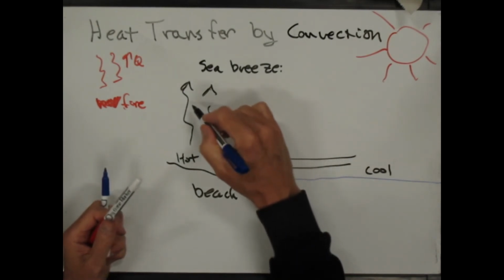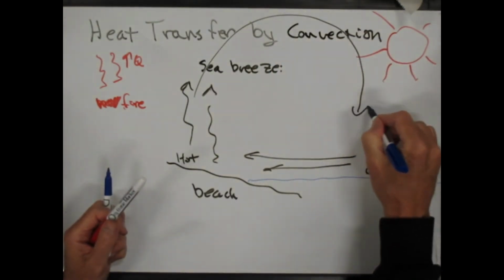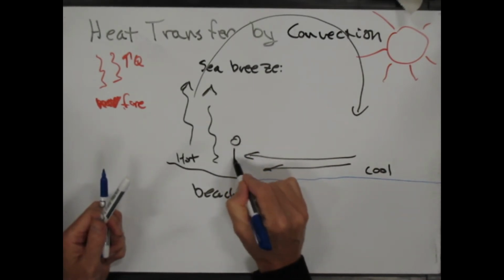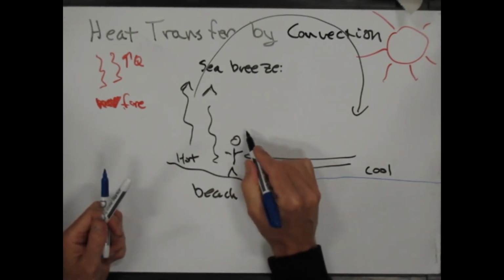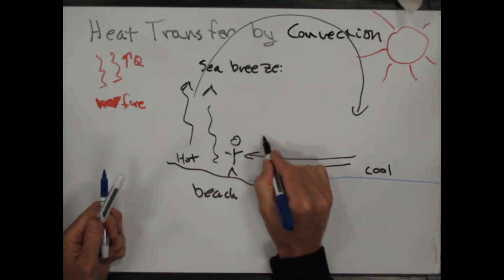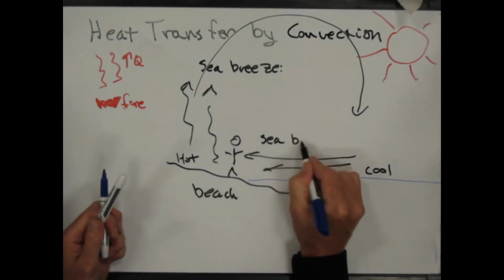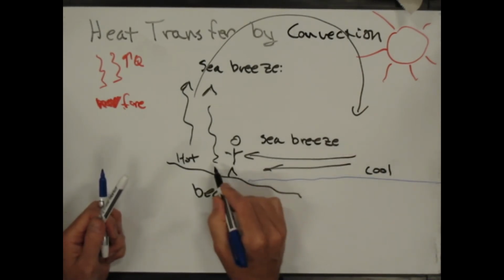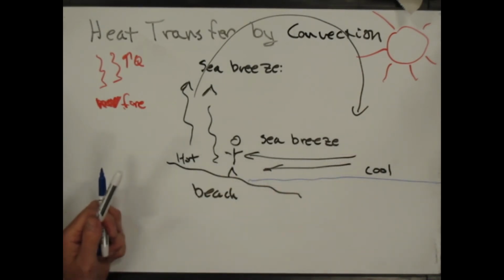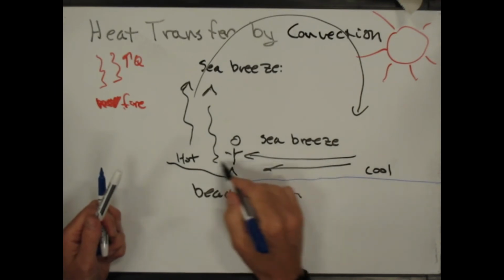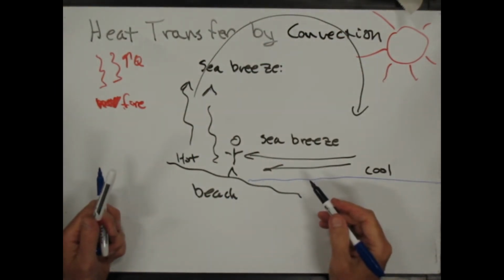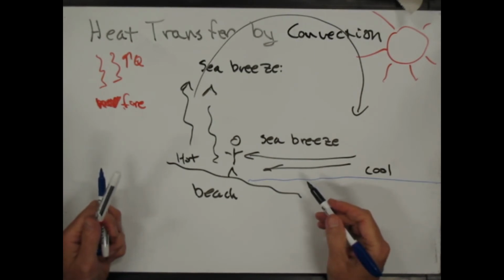And this air has to get replaced, and you end up with a cycle like this. But if you're standing here on a hot day, you get what's called a sea breeze in the daytime. The cool air will be coming in off the water, and what it's doing is it's replacing the hot air that was lifted off the beach because it was expanded and had a lower density.